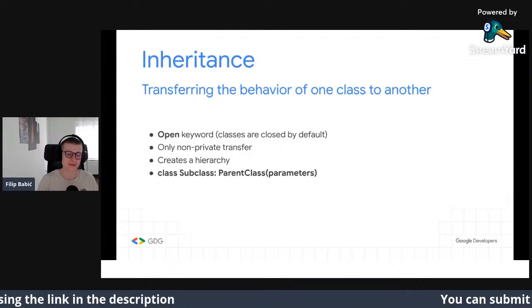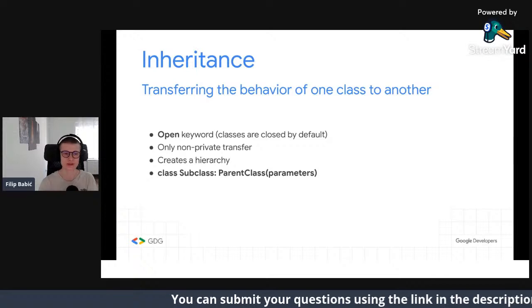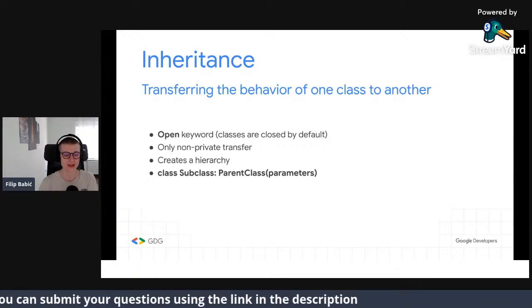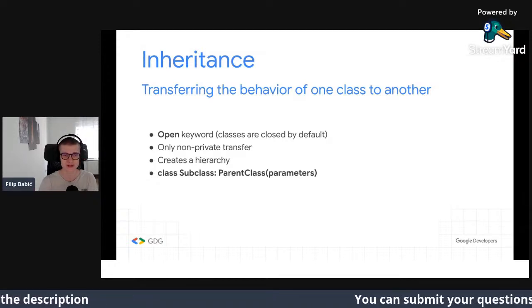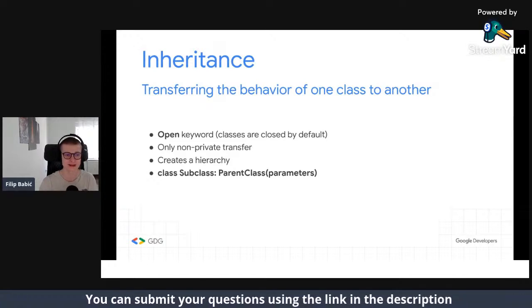Interface basically means the ability to transfer behavior from one class to another through different mechanisms. In Kotlin, you can't really inherit any class by default. They are closed for inheritance or for extension, so to say, by default. So you have to add the open keyword at the very start of the class.